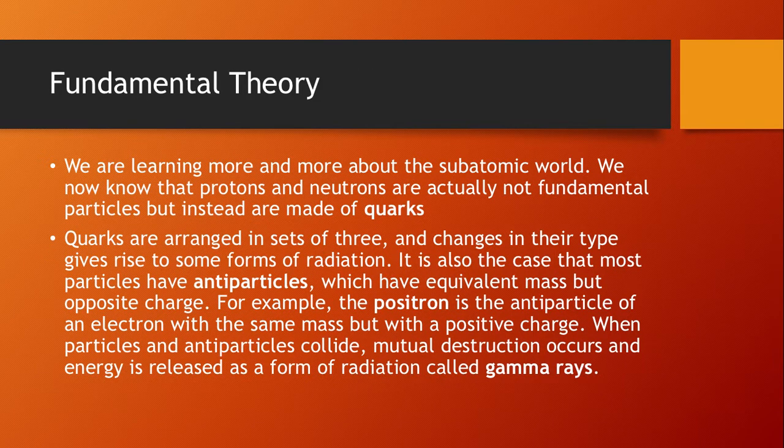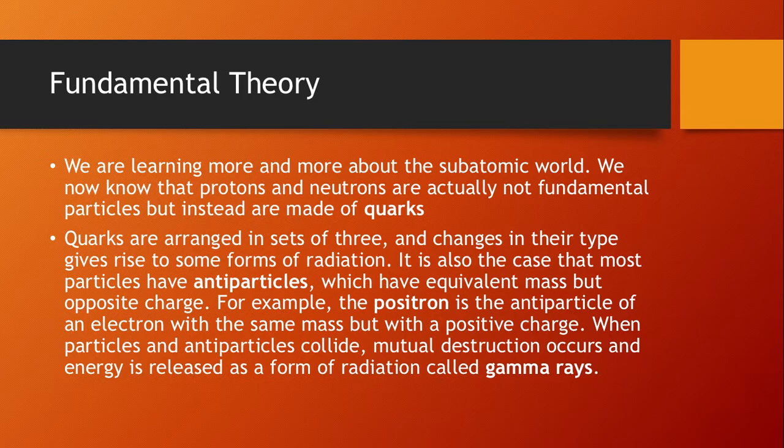So let's just talk briefly about the subatomic world and the fundamental theory. We actually know that protons and neutrons are not actually fundamental particles, but instead are made of quarks. Quarks are arranged in sets of three, and changes in their type gives rise to some forms of radiation.